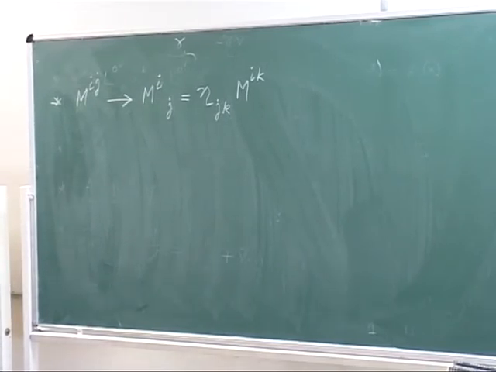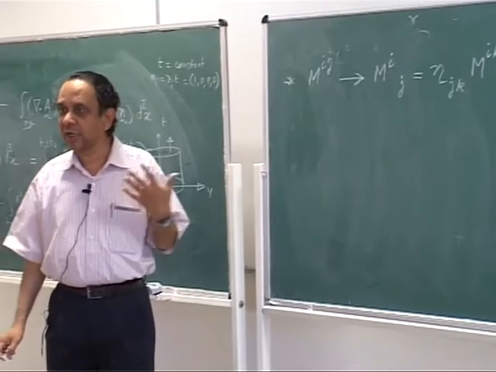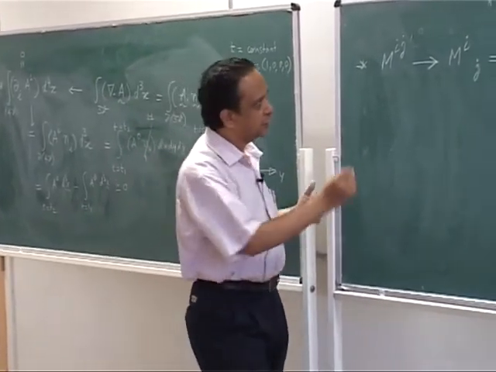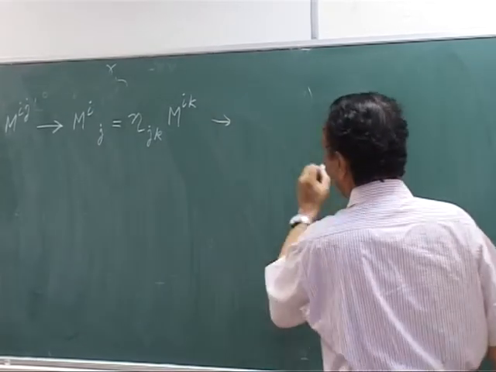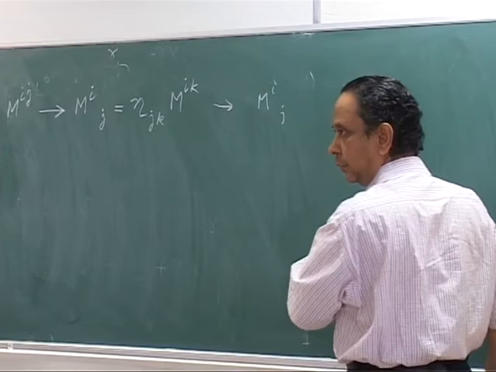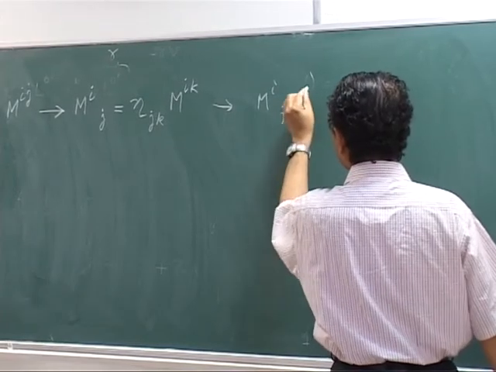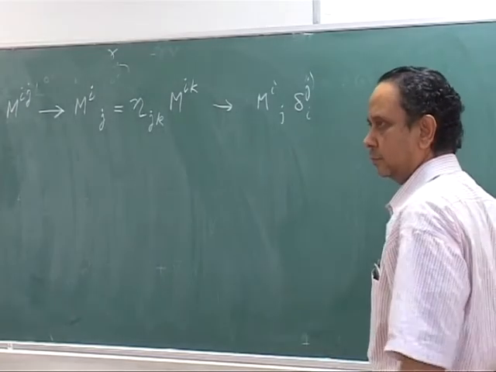You can also do one more thing with tensors which have more than one index. You can do something known as contraction. What it means is you take M^{ij} and hit it with a Kronecker delta with indices up and down.